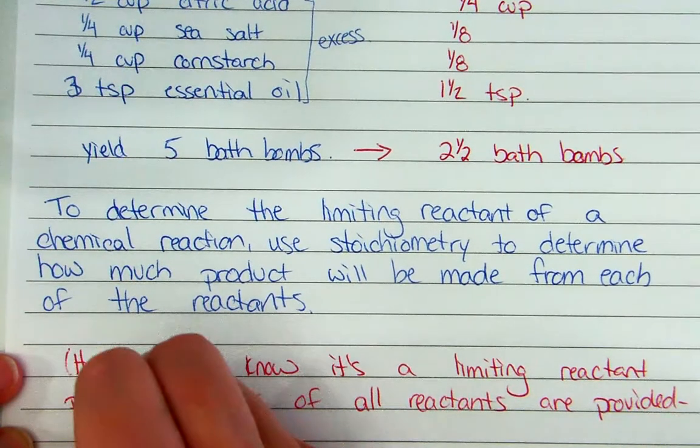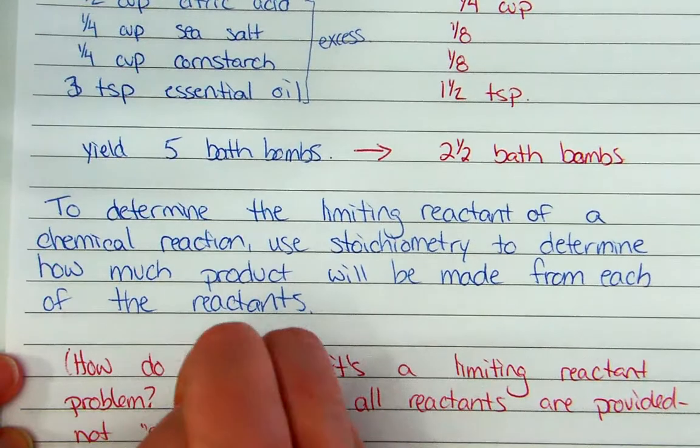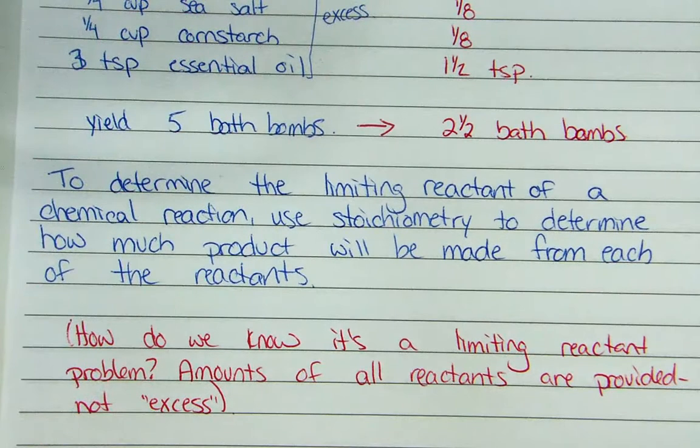They're not referred to as excess. So typically I'll give you a specific mass of both or all three reactants, or an amount of moles. If it's a single reactant in a decomposition reaction, there can't be a limiting reactant because there's only one.